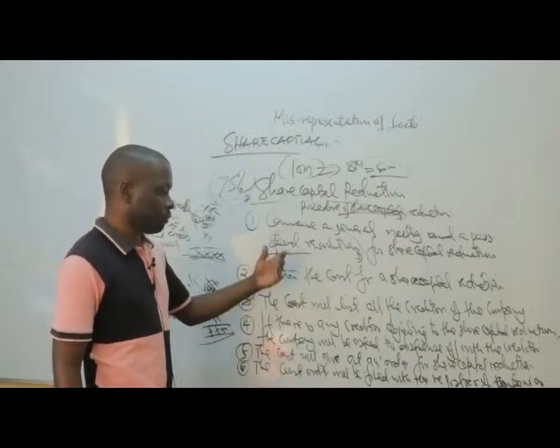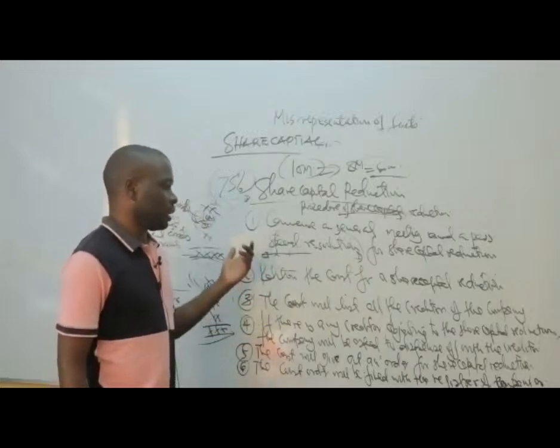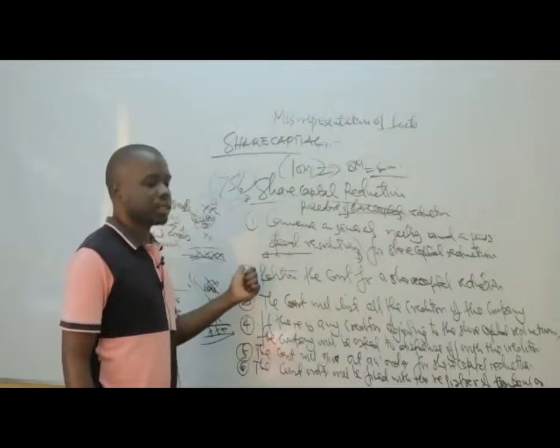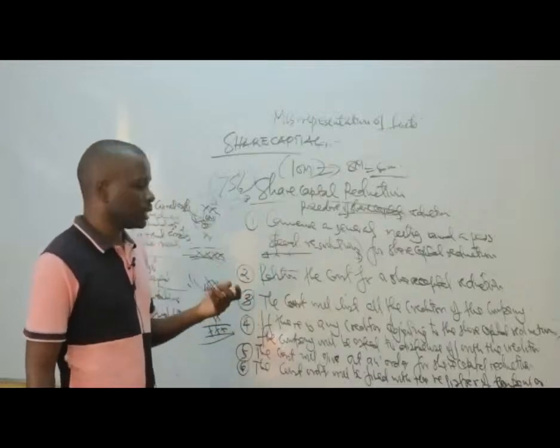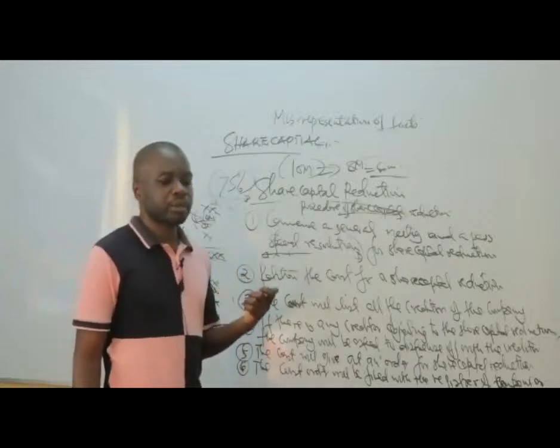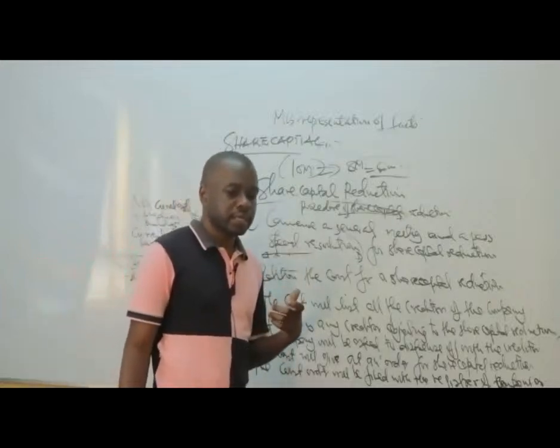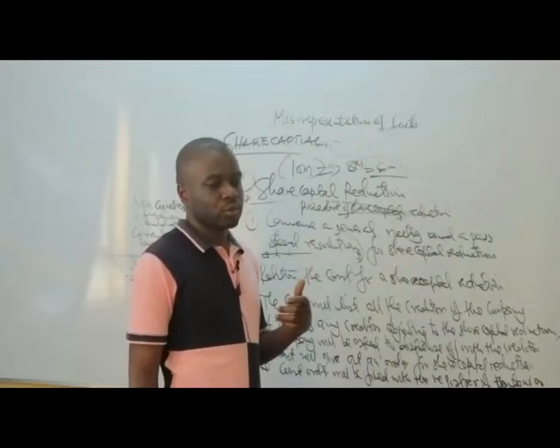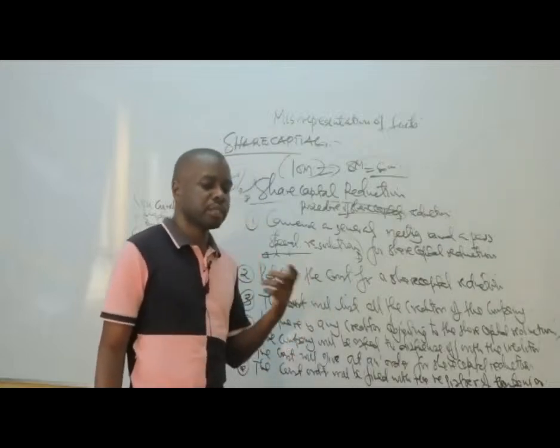So we've said convene a general meeting, pass a special resolution. This one is used to petition the court or ask the court for an order of share capital reduction. Once the court gets the petition, they list all the creditors and ask any creditor who is not listed to present himself.